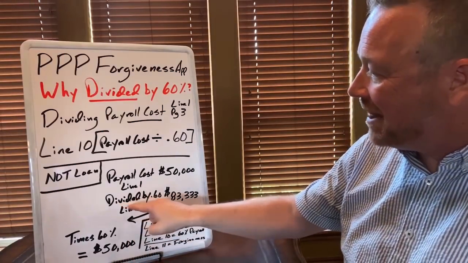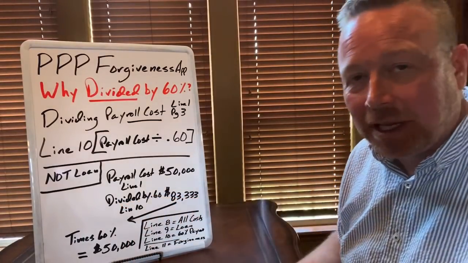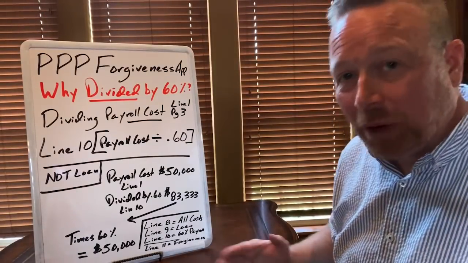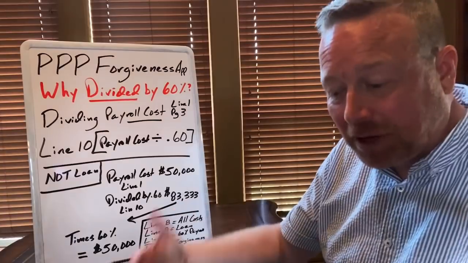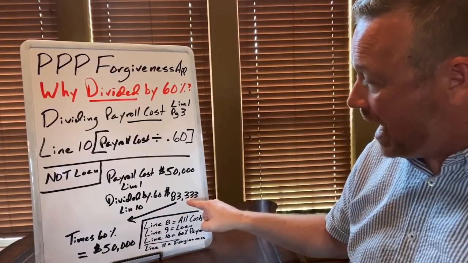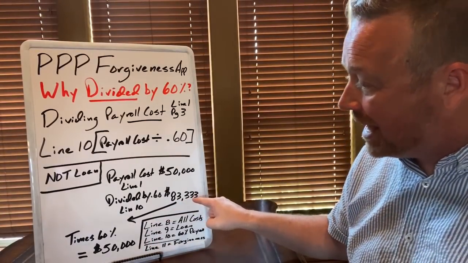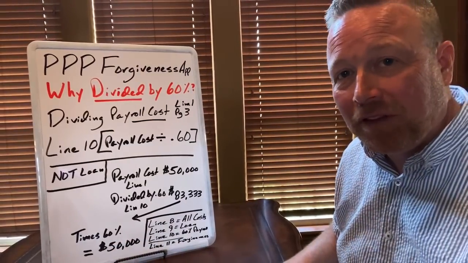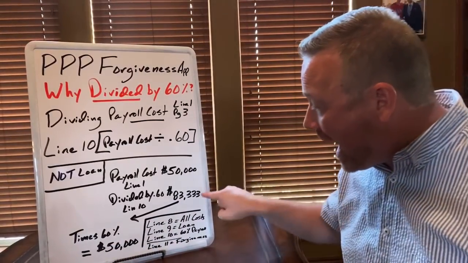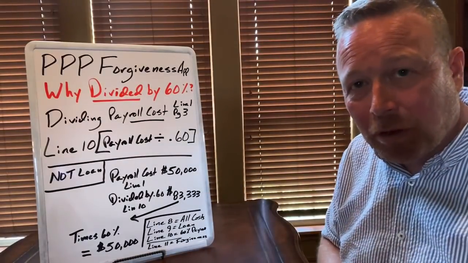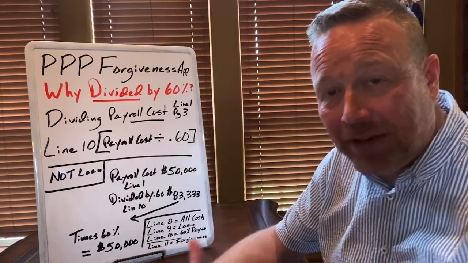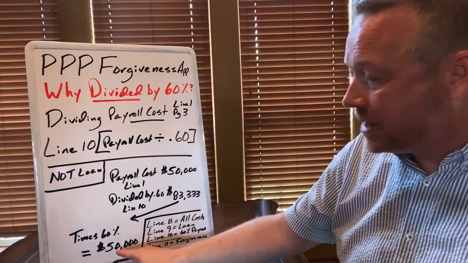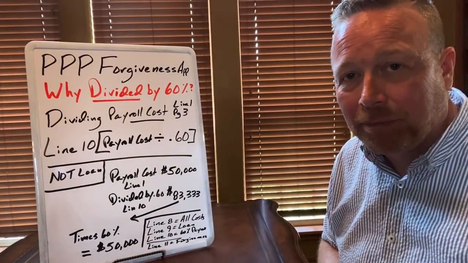So I would take that divided by 0.6, it gives me $83,333. And the reason for that is that in the max forgiveness, if I were to take $83,333 times 60%, that would include $50,000, meaning I can get $83,333 forgiven because it includes at least 60% payroll.